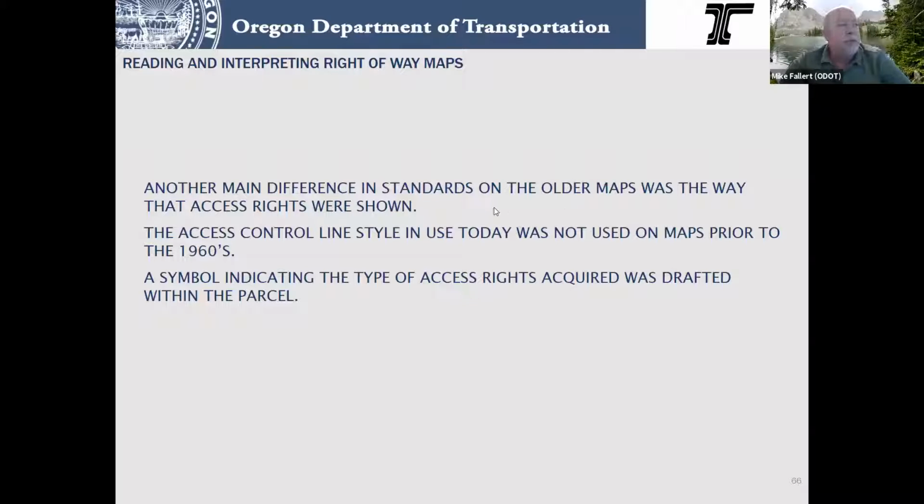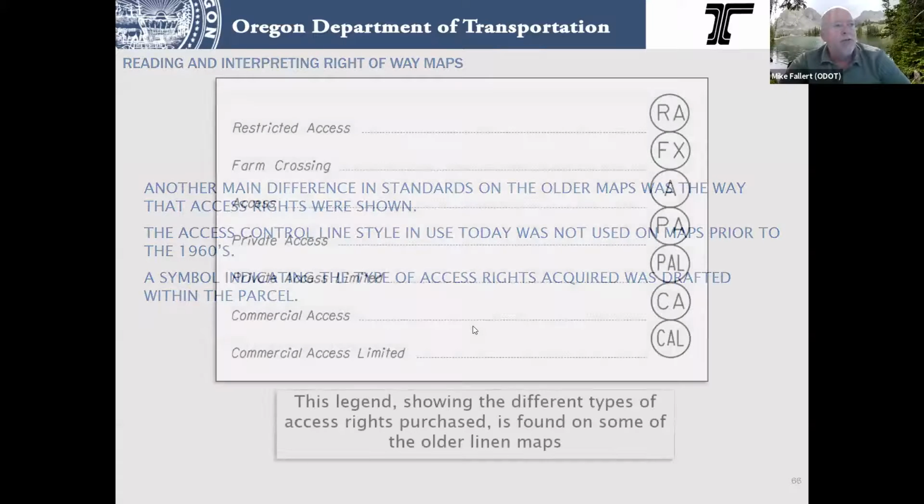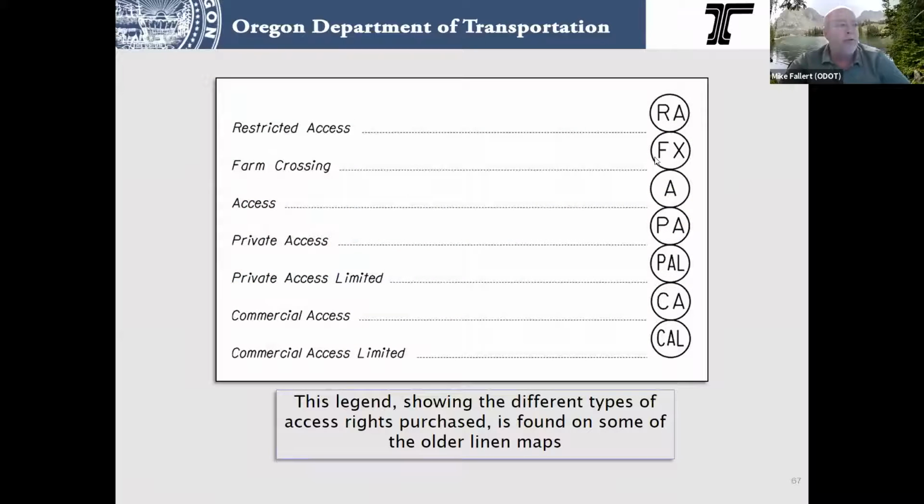So the main difference in the standards on the older map was the way the access was written. Prior to that, they had a stamp there, and all these little symbols were stuck in there. What they meant: restricted access, farm crossing, access, private access limited, commercial access, and commercial access limited.